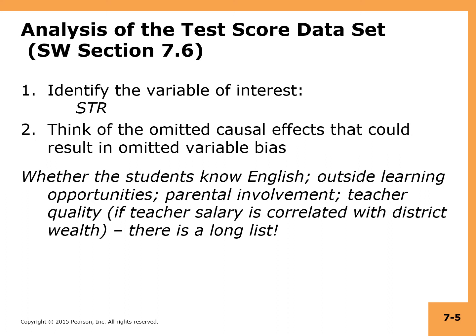We believe that the percentage of students who know English, outside learning opportunities, parental involvement, and teacher qualities can all be correlated with student-teacher ratio and have a direct impact on test score. So these are all the variables that can potentially cause omitted variable bias.